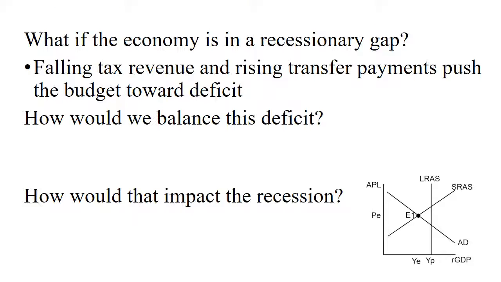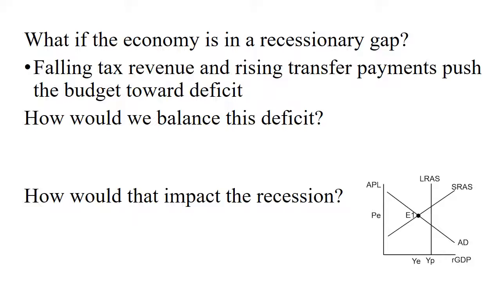Let's go through and prove why, if we intervene in every single year to try to make the budget balanced, it can actually be really bad for our economy at large. So first of all, what if the economy is in a recessionary gap? So we have our picture here showing the recessionary gap.